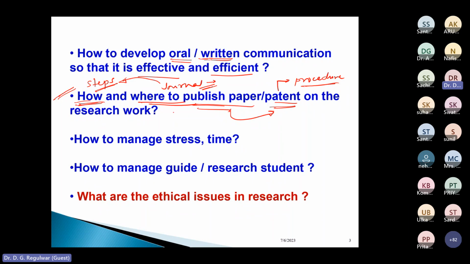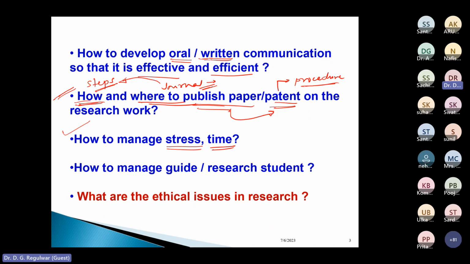So this is one more point. Then how to manage the stress and time? This is also another one, because most of the research scholars, those who are full-time research scholars, it's good because they have a lot of time. But those who are part-time research scholars, they have a lot of stresses of the day job, then working for research, how to manage the time.